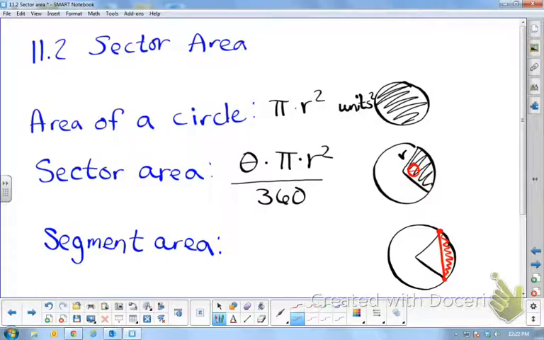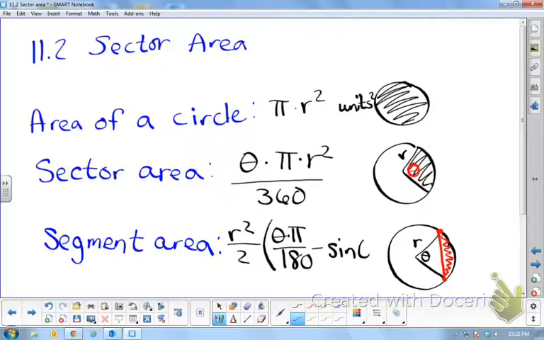So again, we would still need r and theta for this formula. This formula is a little more confusing. It's r squared over 2 times theta times pi divided by 180 minus sine theta.